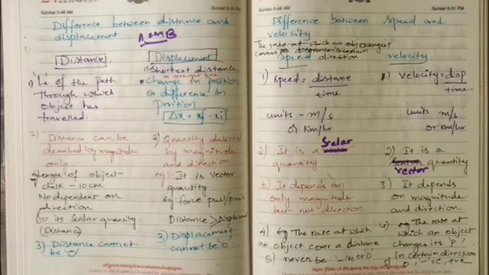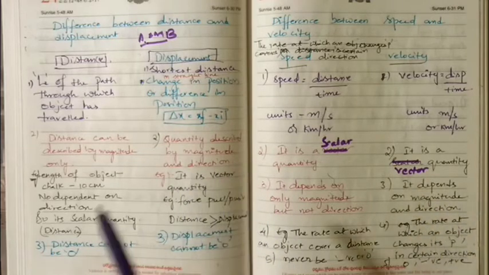For example, 10 meters or 20 meters is the magnitude or total path covered. So distance depends only on magnitude, whereas displacement depends on both magnitude as well as direction. For example, if the body is traveling from A to B, it is plus 2 meters.